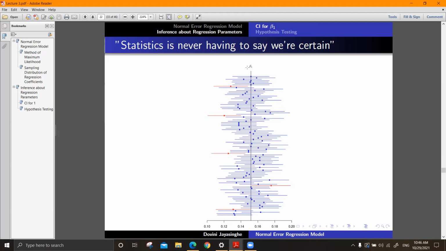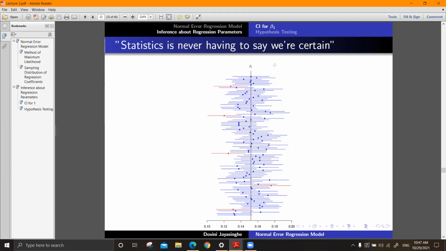In case beta 1 is not included in that particular range, the probability of beta 1 being in that range is 0, because it's not in that region, right? It's 0 probability. So the probability of a parameter being within the confidence interval is either 1 or 0. At times it is 1, at times it is 0.